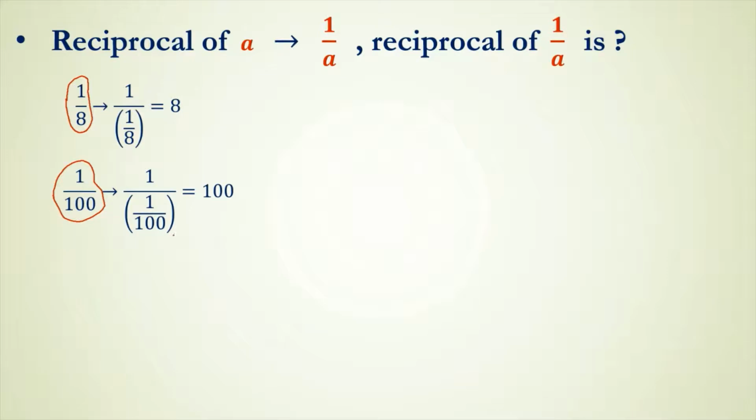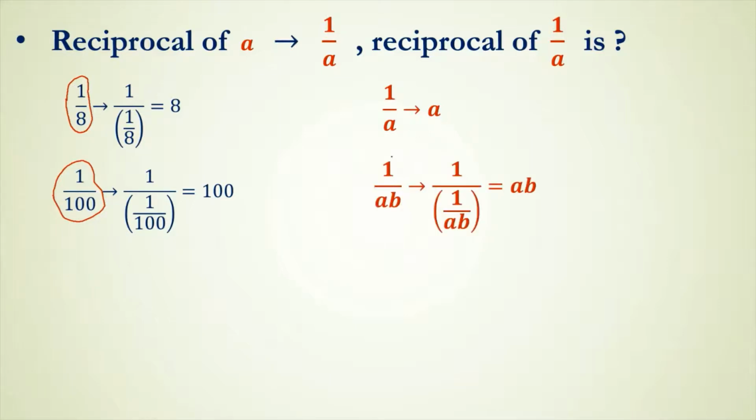And this gets evaluated to 100. Okay. So the reciprocal of 1 over 100 is 100. Now if we generalize the numbers 8 and 100 using the letter a, it becomes the reciprocal of 1 over a is equal to a.